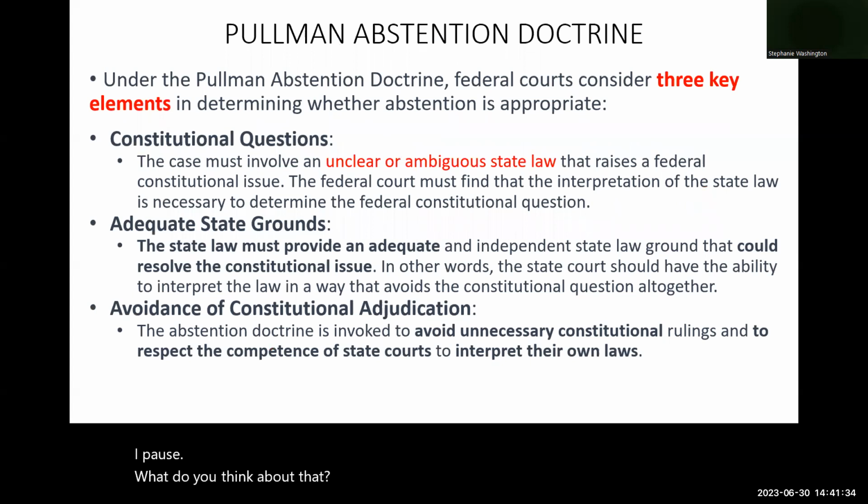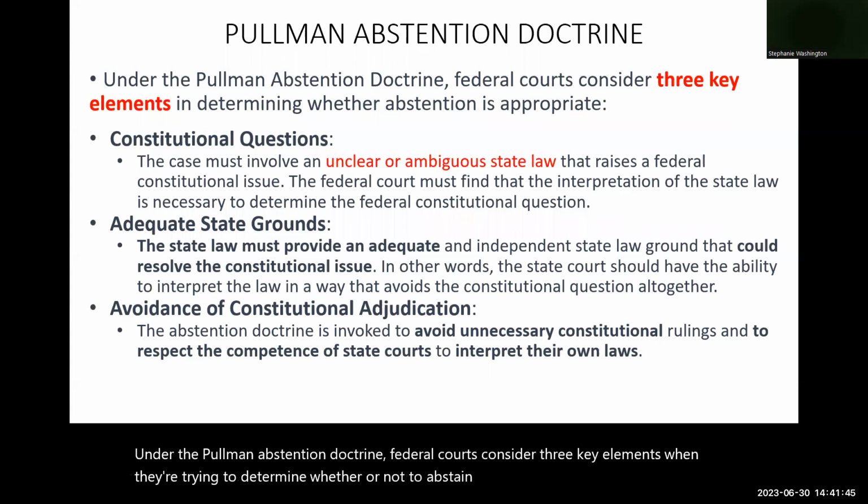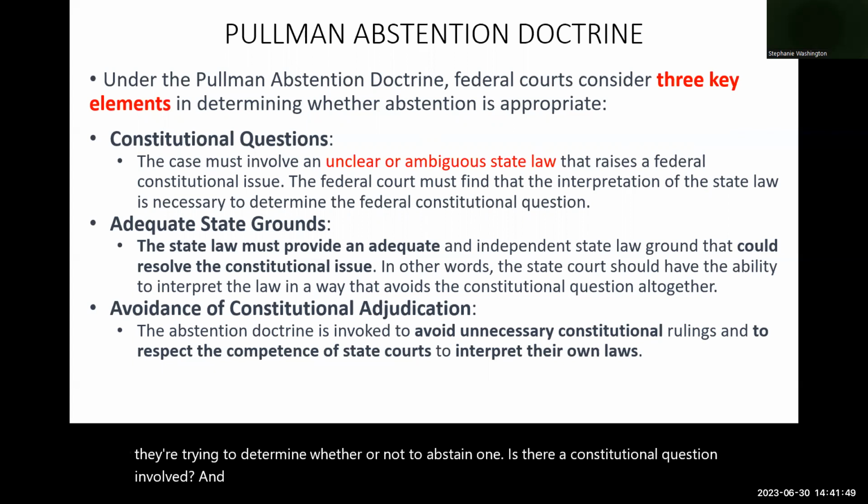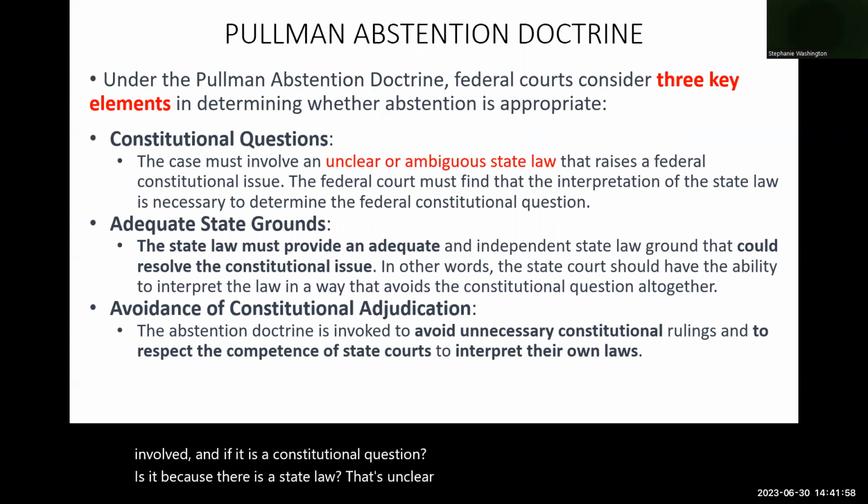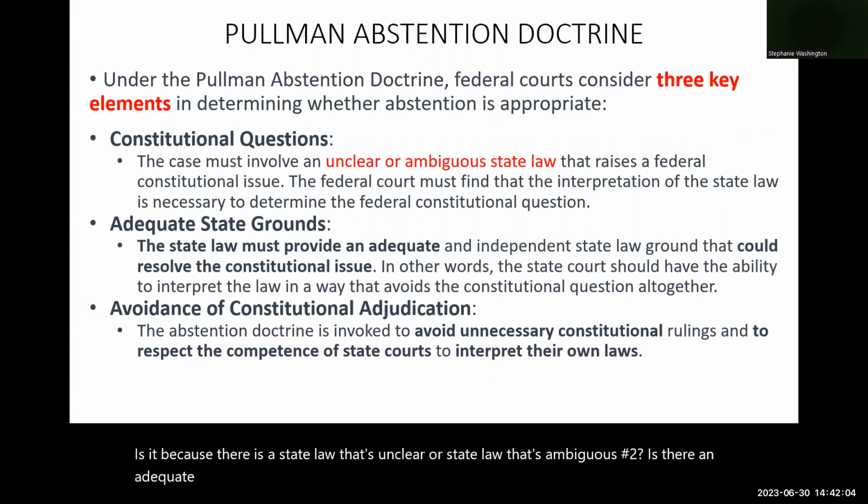Here we go. Under the Pullman Abstention Doctrine, federal courts consider 3 key elements when they're trying to determine whether or not to abstain. 1, is there a constitutional question involved? And if it is a constitutional question, is it because there's a state law that's unclear or a state law that's ambiguous? Number 2, is there an adequate state remedy, right?